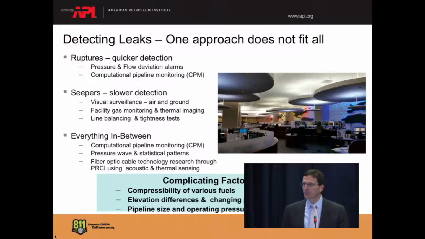And then we have the category of everything in between seepers and ruptures. Again, computational pipeline monitoring software. The acronym for that is CPM, so for the sake of convenience, I'll just refer to those as CPM systems. Those are used pretty extensively across the pipeline industry for detecting leaks in that wide range of size. Pressure wave and statistical pattern recognition are used.